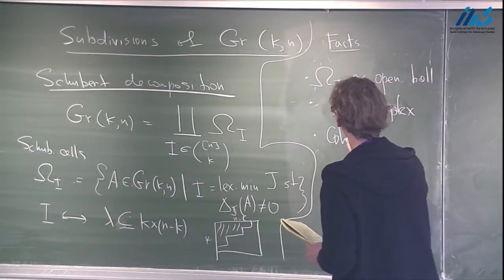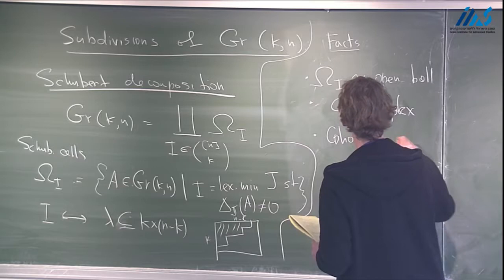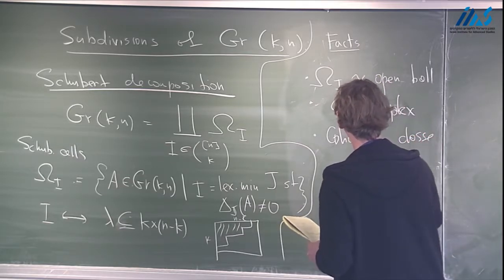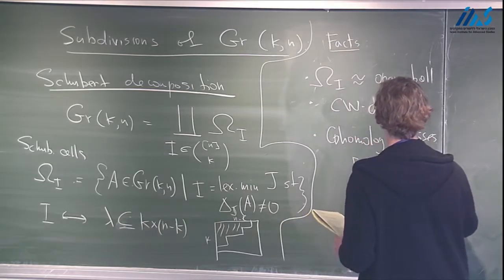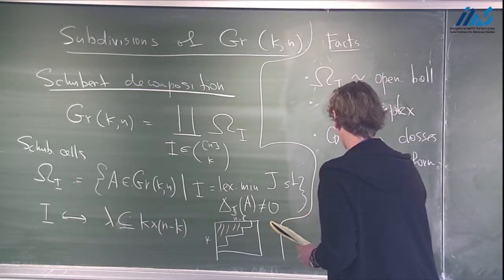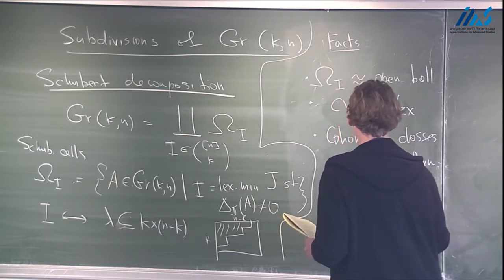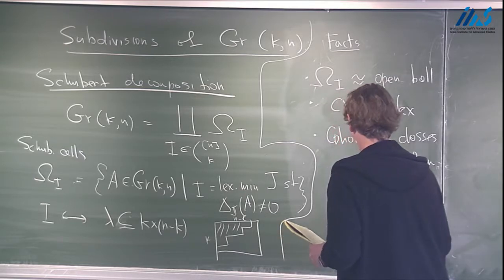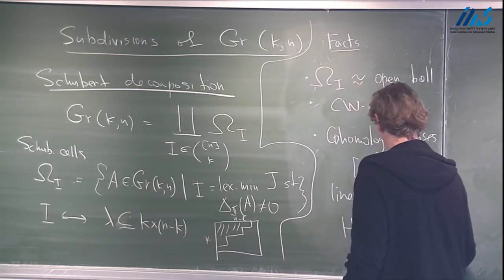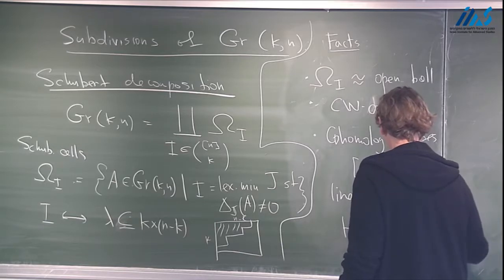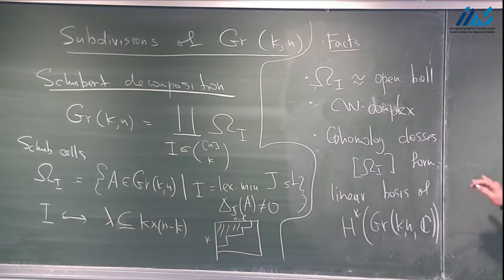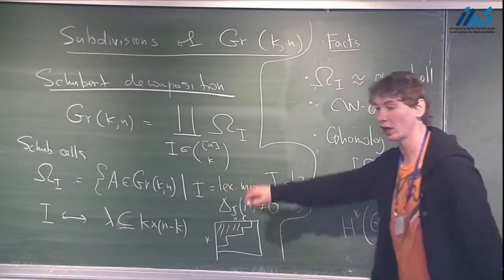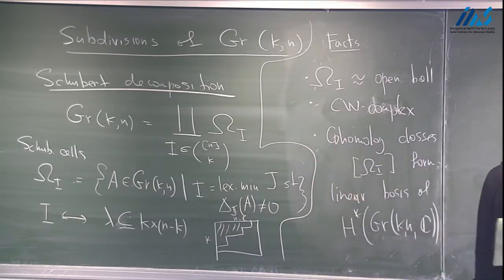Cohomology classes of Schubert cells form a linear basis of the cohomology ring of the Grassmannian. Here I need to fix the field, so over complex numbers. If you look at the Grassmannian over complex numbers, then its cohomology has dimension n choose k, and it has a nice linear basis given by the Schubert classes.